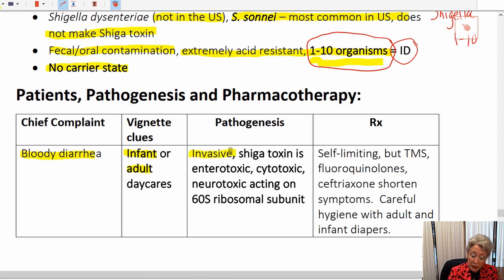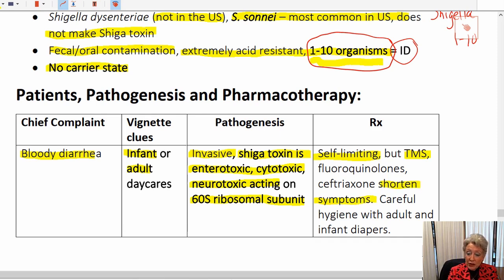It is an invader. The Shiga toxin also directly kills cells by acting on the 60S ribosomal subunit. So I will have fever and blood and pus. It is generally self-limiting, but in the case of very severe infections, trimethoprim-sulfamethoxazole can be used to shorten symptoms.